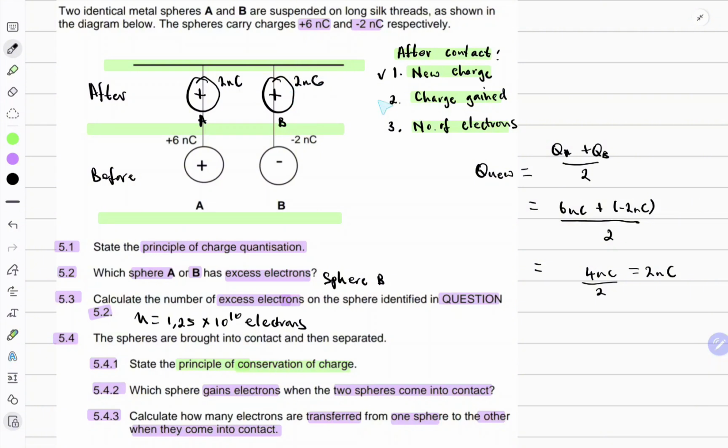Now from that we can work out the charge gained. Remember, when these two spheres make contact, electrons are transferred. So you can see that from 6 to 2, electrons were gained because it's gaining negative charge. So 6 will go down, and it went down to 2. So now we can work out the charge gained.